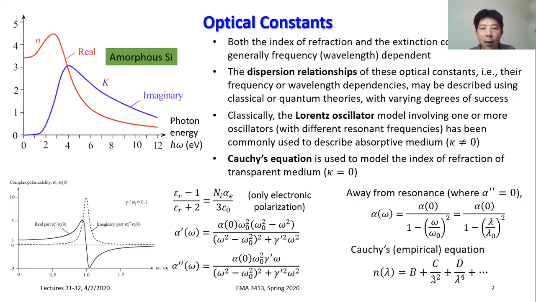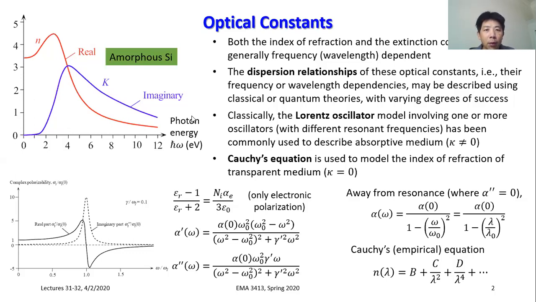So there are some good uses of classical theory, but obviously you see this peak, and you may use multiple peaks to represent this overall dependence of the imaginary part as a function of photon energy. But that might be too complicated if you have to accurately represent this overall behavior.